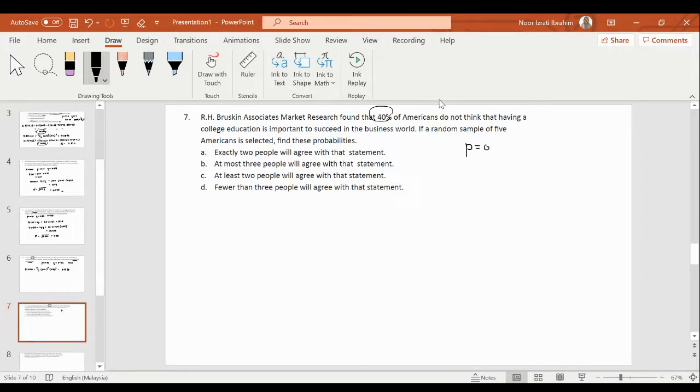So the success is 0.40, and q will be 0.60, and there are 5 Americans selected, so the sample size n equals 5. For A, we want to find the probability when x equals 2. Using the binomial distribution function, it will be 5C2 multiplied by 0.4 squared multiplied by 0.6 to the power of 3. You will get 0.3456.